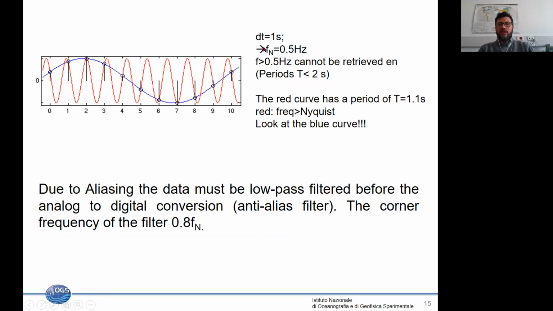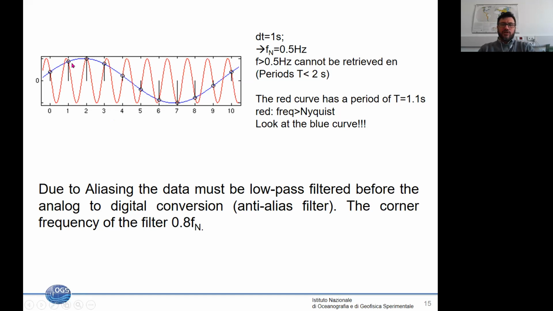If you have a sinusoid, a very simple case like this one, let's assume that the time scale here is 1 second for each unit of time.